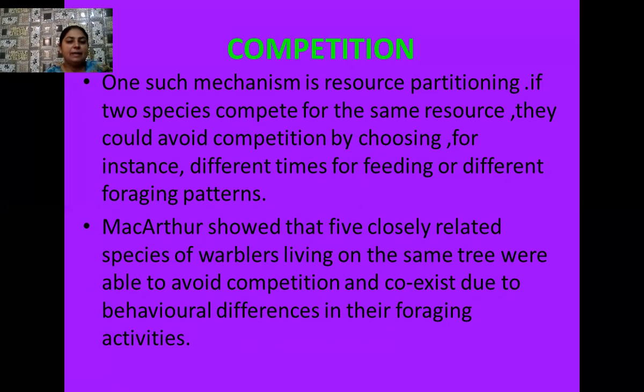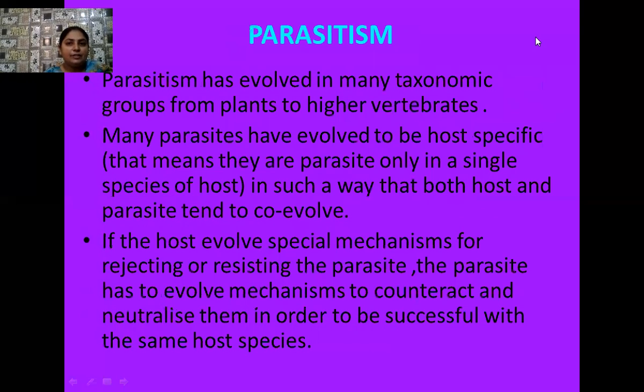Here the scientist MacArthur showed that five closely related species of warblers, living on the same tree, were able to avoid competition and coexist due to behavioral differences in their foraging activities. That means all of these birds go for their foraging activities at different times, and in this way they can easily coexist with each other and avoid competition. Okay, student.